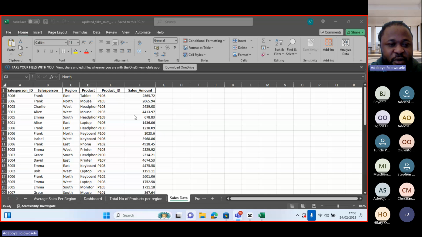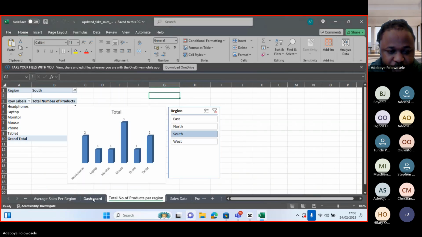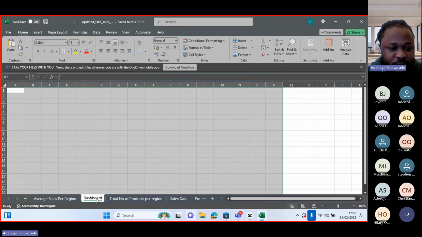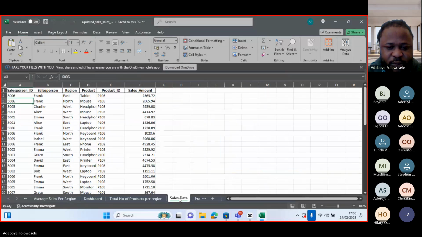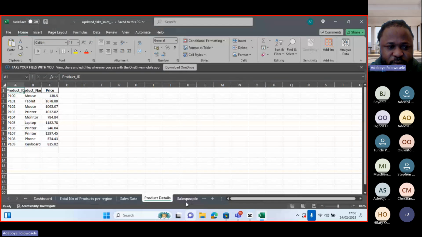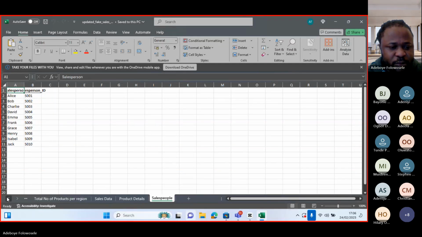So let me refresh our memory. We were stuck with this data last week. We did some pivot charts. I said that this week we are going to create a dashboard. We did product detail. This one is products. This one is salespeople.